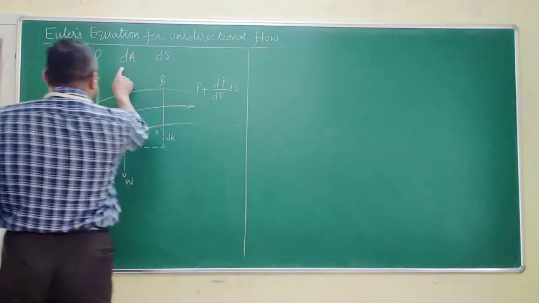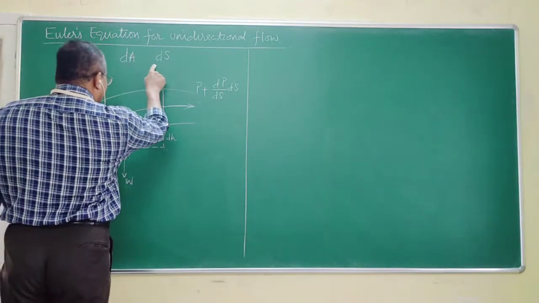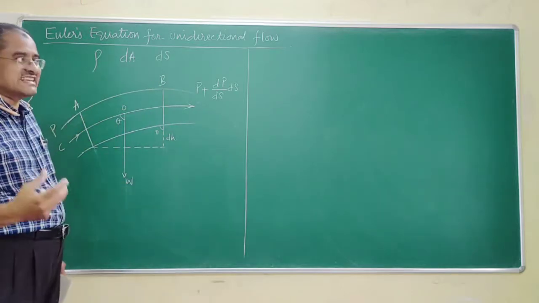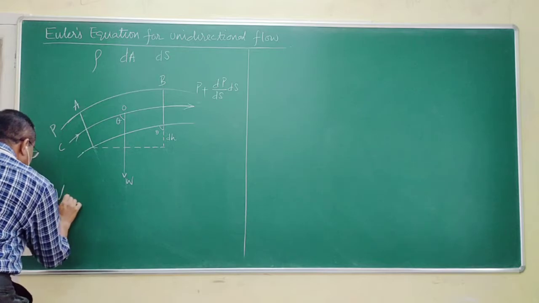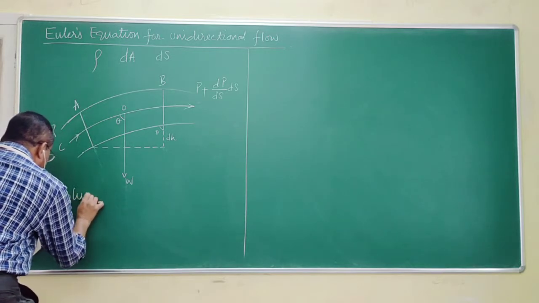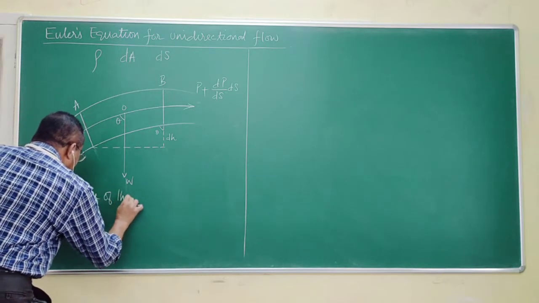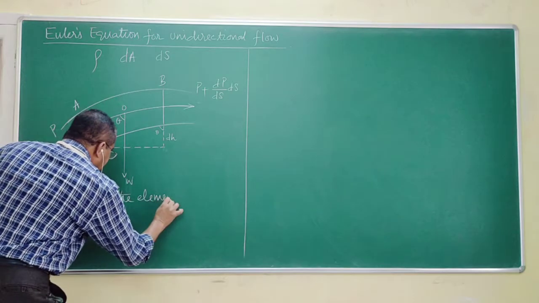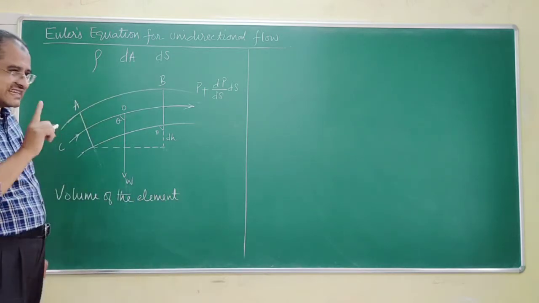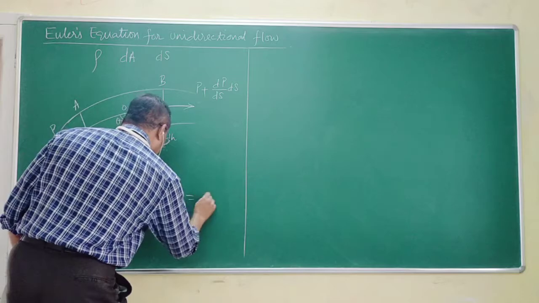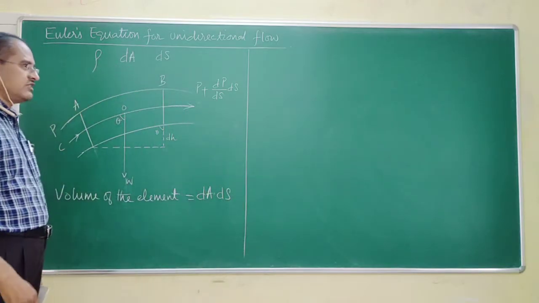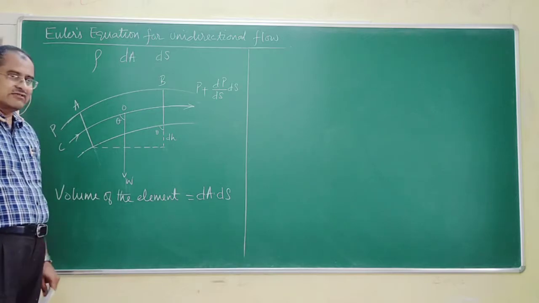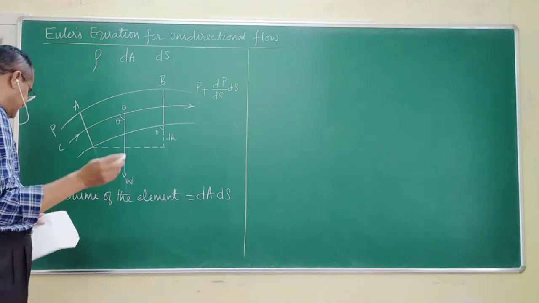Since we have both area and length, we can easily write what is the volume of the element. Volume of the element is area into length. Area is dA, length is ds. Therefore area into length will give you volume of the element.